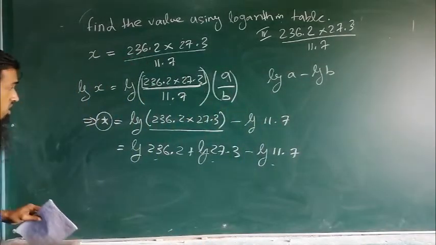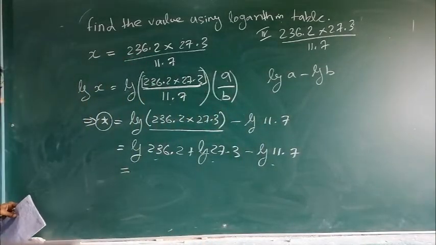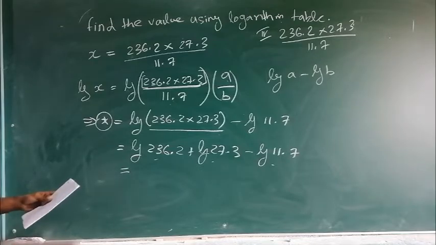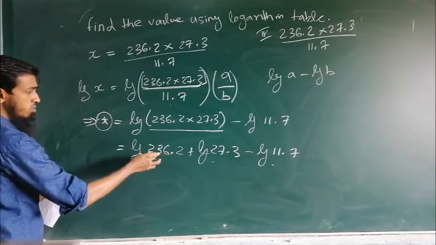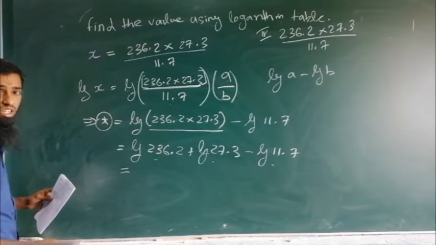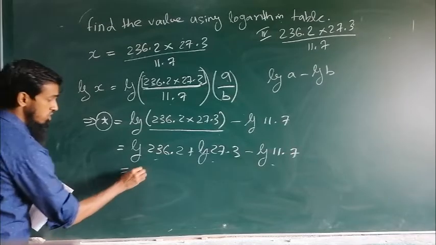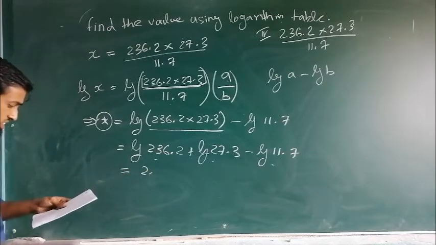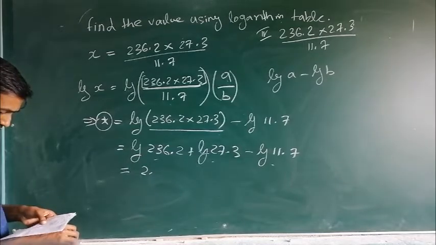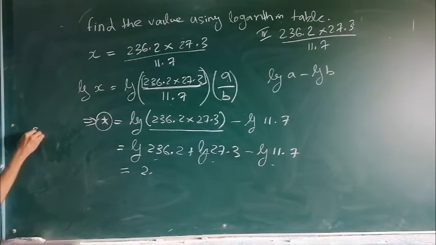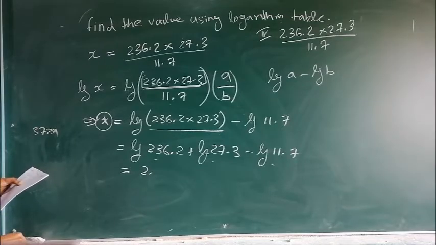Okay, so 236.2, we need to find the logarithm. Before the decimal place we have 3 digits, subtract 1, so 2 point. So 2362, 23.6, we have 3729 and 2362.